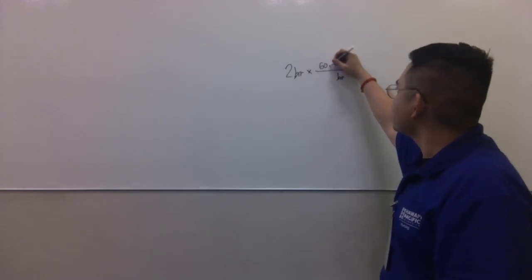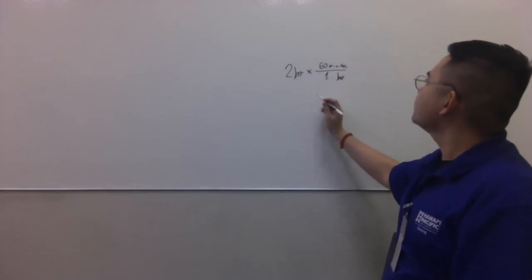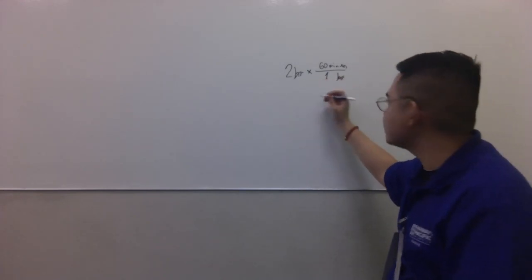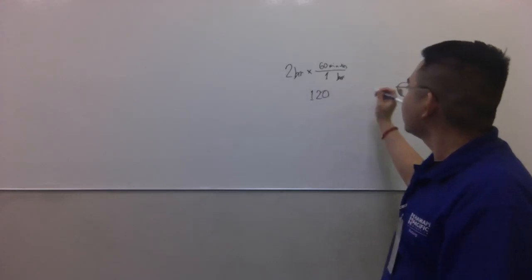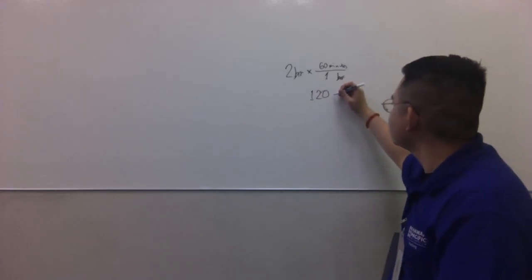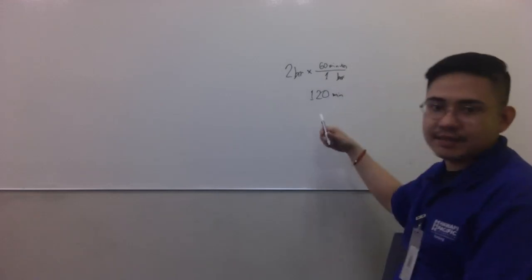There are 60 minutes in 1 hour. So 2 times 60 is 120, divided by 1, any number divided by 1 equals itself, so it's 120 minutes. Keep that number in mind as we work through the problem.